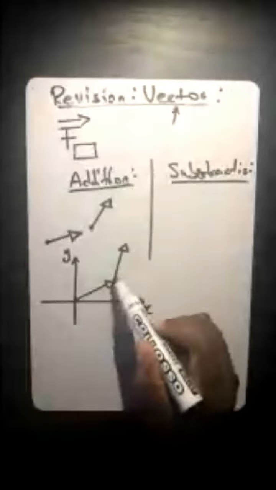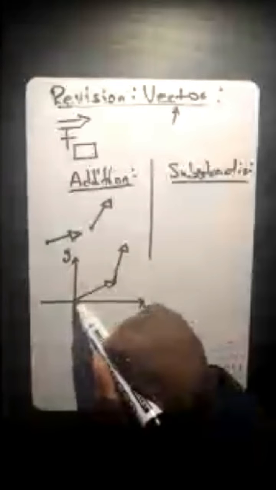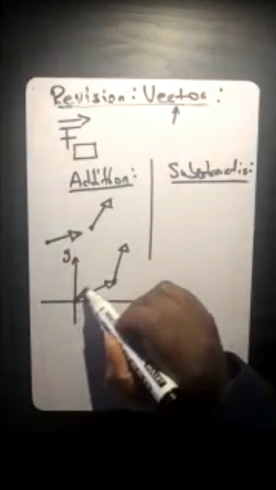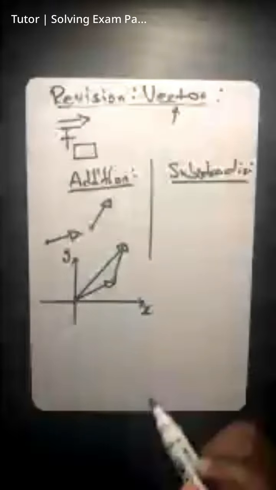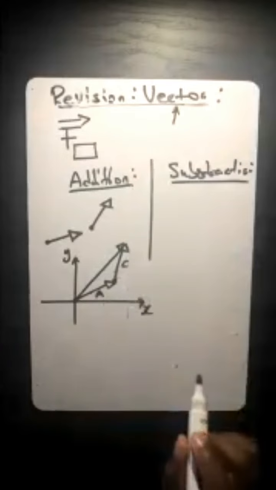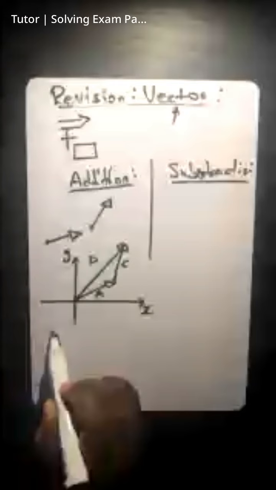To represent these two arrows by a single arrow, you join from the origin to the head of the last arrow. Let's take this to be arrow A and this to be arrow C. So this is going to be arrow D. A vector A plus vector C is the same as vector D.